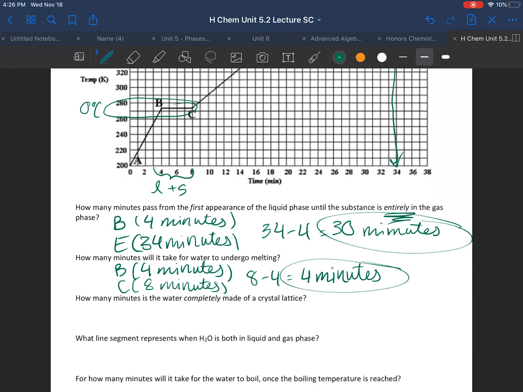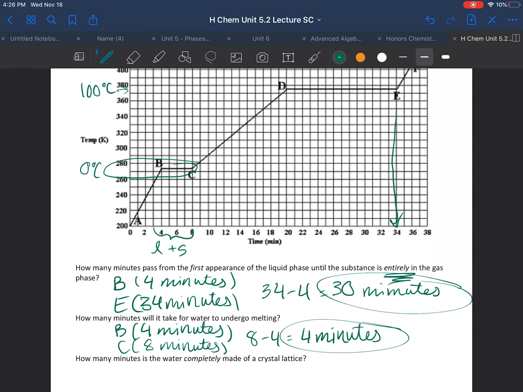All right, next question. How many minutes is the water completely made of a crystal lattice? So there's a couple parts here. One is remembering when you see crystal lattice, that's the solid phase. When they're the closest together.